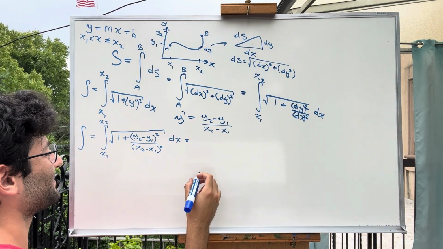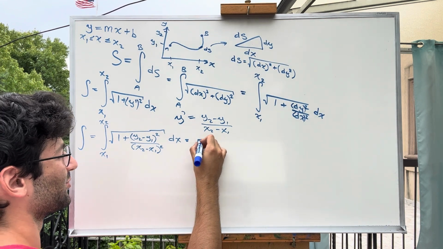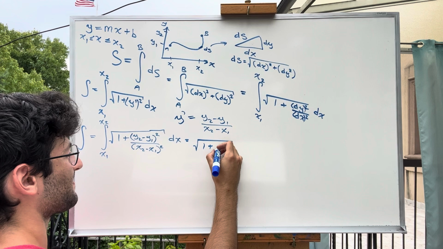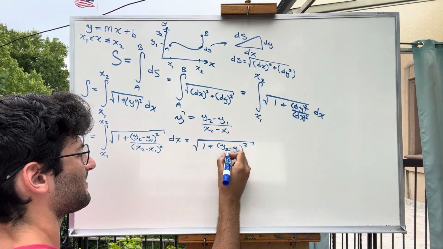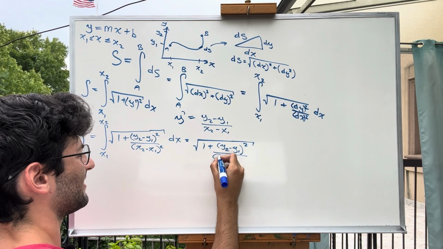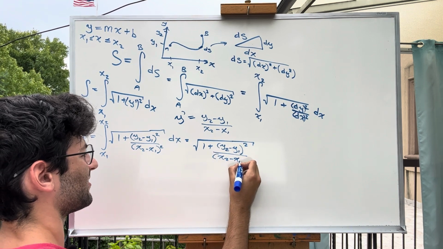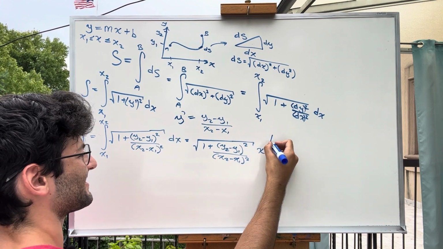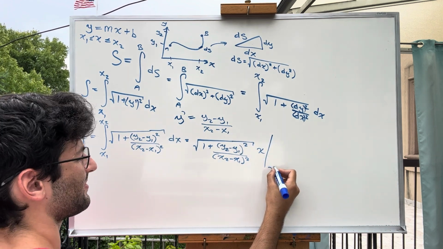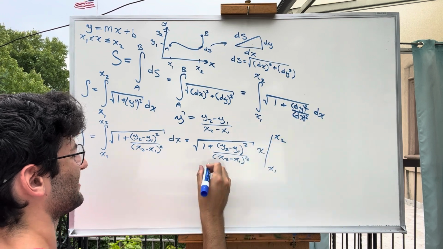It's going to be root 1 plus y2 minus y1 squared over x2 minus x1 squared times x evaluated from x1 to x2.